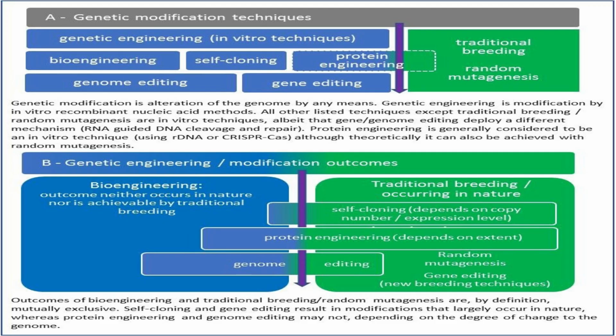This is the diagram we show. First part is showing genetic modification techniques, which we already discussed, and the second part, part B, is showing genetic engineering or modification outcomes, or bioengineering or traditional breeding occurring in nature, by which we form genetically manipulated microorganisms.